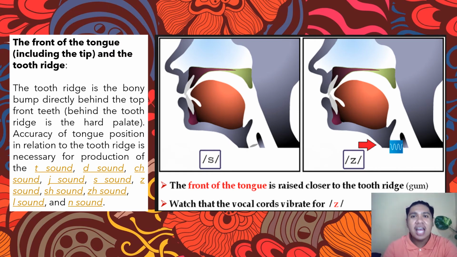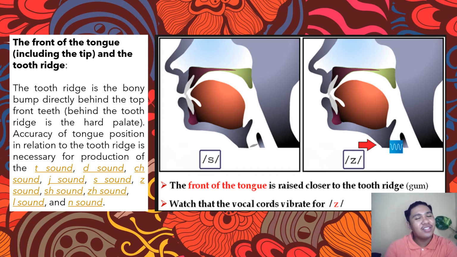How about Z, Z, Z? How about Sh, Sh, Sh? How about Z, Z, Z? How about L, L, L? How about N, N, N?